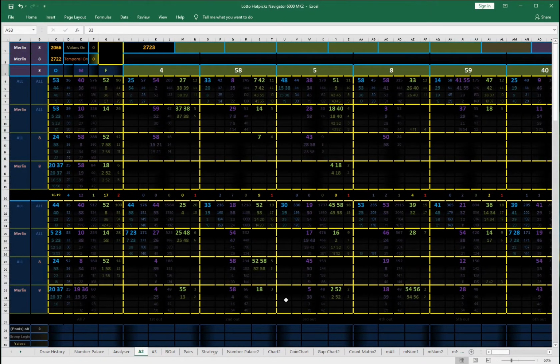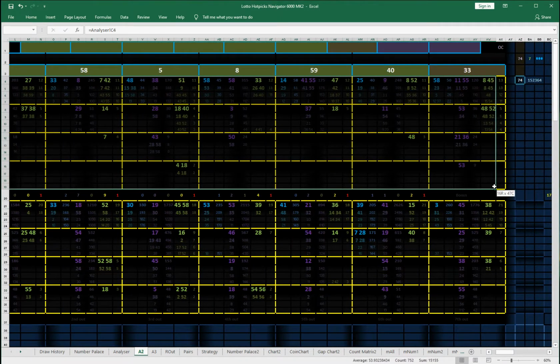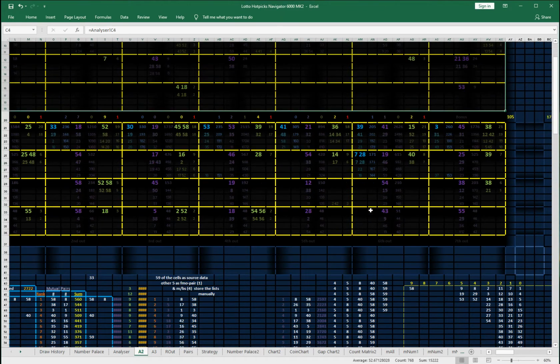Now, each analyzer cell, each one of these squares, count how many there are. You can see there's a dozen in each cell, and there are 4 cells, so that's 48 in each column, and there are 8 columns altogether.